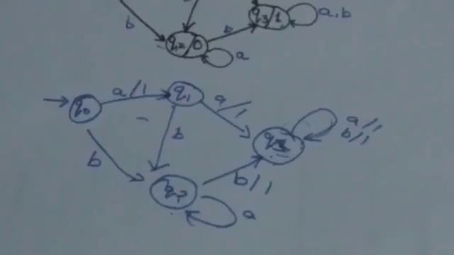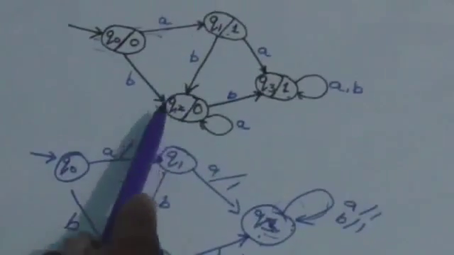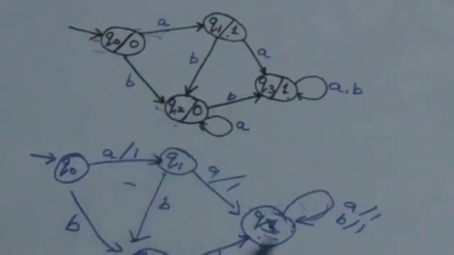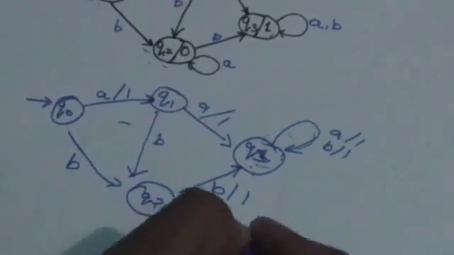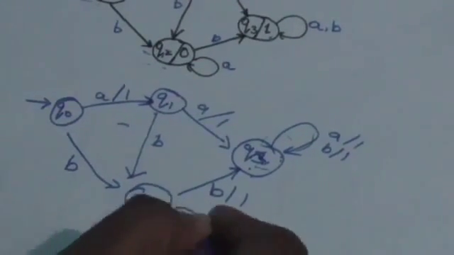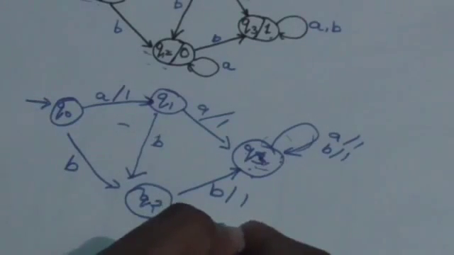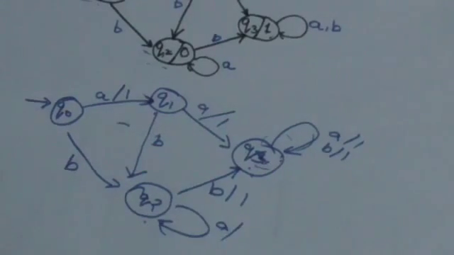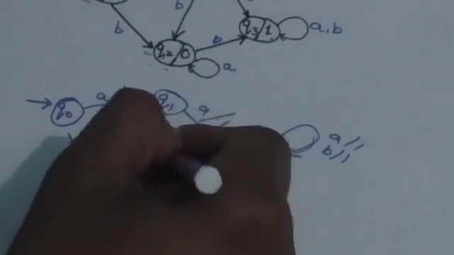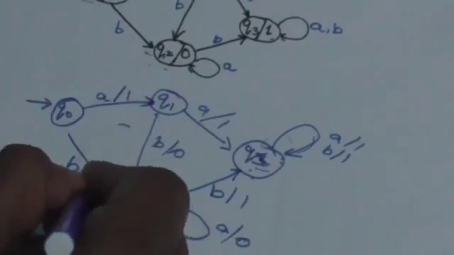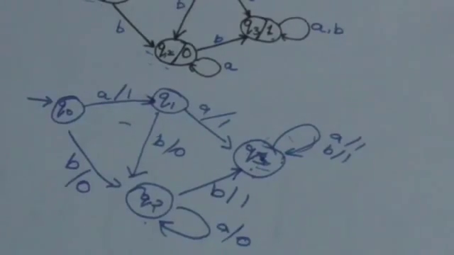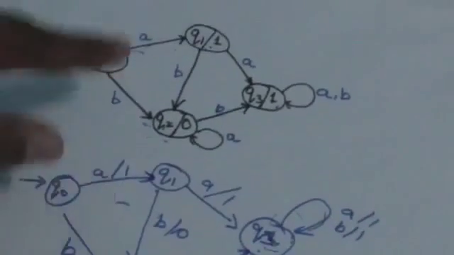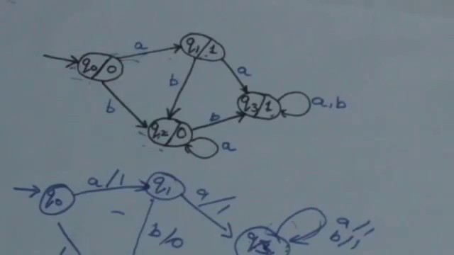Now label the output symbol which was associated with Q2 to all these incoming edges along with input symbol. A0, B0. Now this is a Mealy machine which is equivalent to this Moore machine.